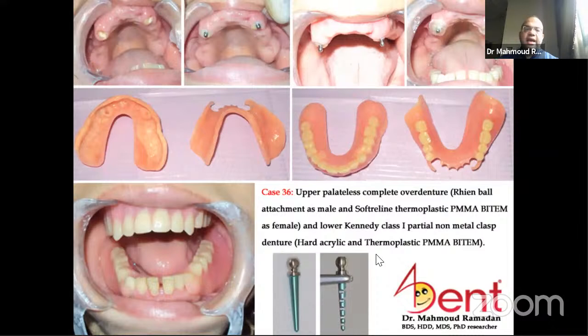This is another case using the precision attachment, ball and socket type. Here we make an upper complete overdenture. We make it palateless also to be smaller in size and more tolerable by our patients. This is the precision ball and the post, as you see.